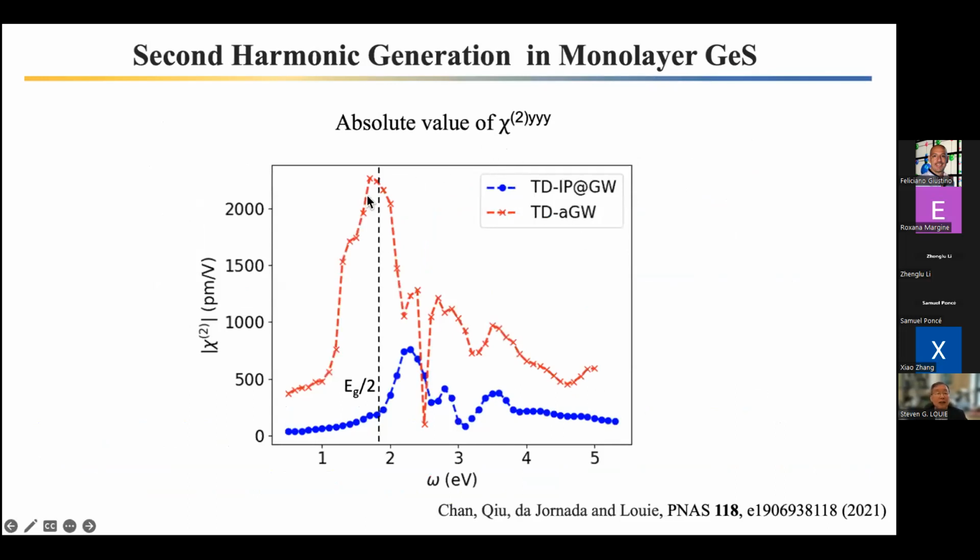This is a case of looking at chi-2, the tensor for second harmonic generation for monolayer germanium sulfide, comparing neglecting electron-hole interaction with including electron-hole interaction. So you see that excitons can enhance it by orders of magnitude at certain frequencies.